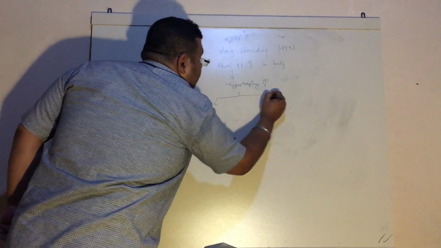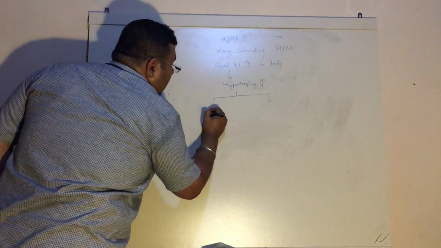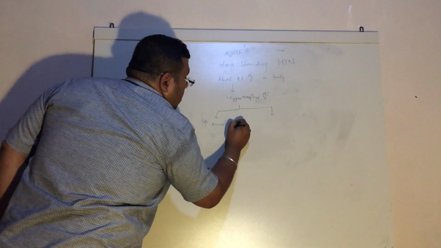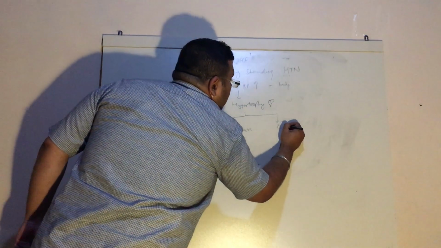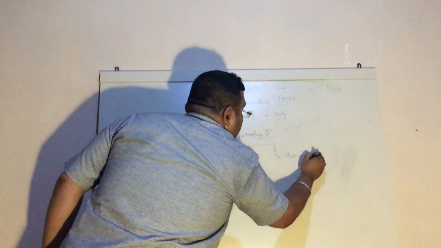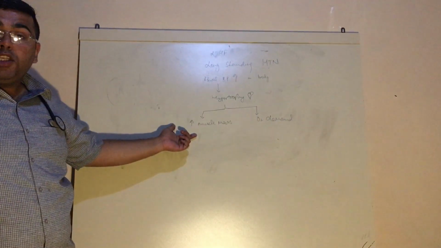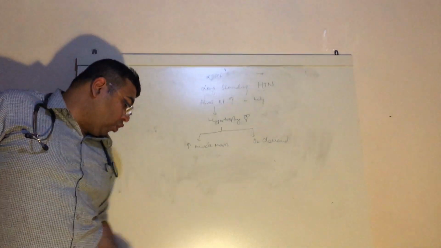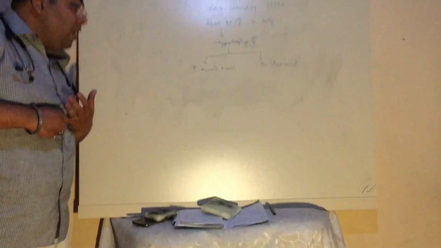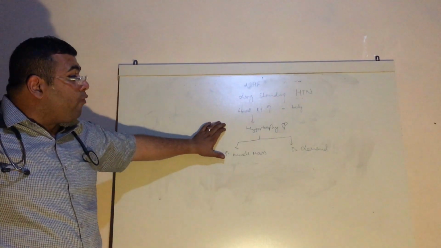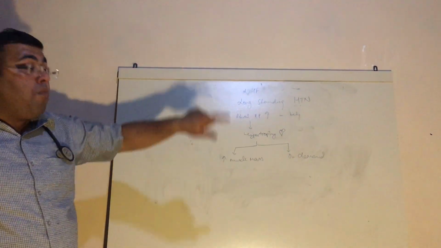This hypertrophy leads to an enlargement or increase of muscle mass of the heart and also an increase in O2 demand, right?